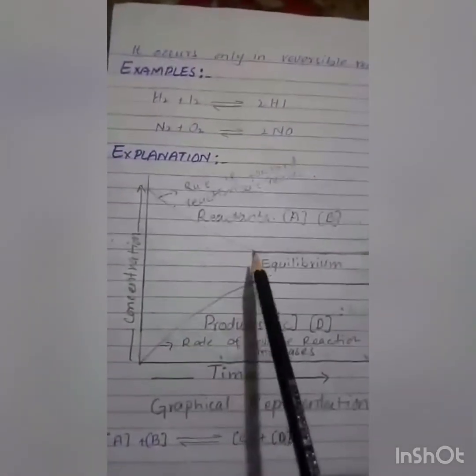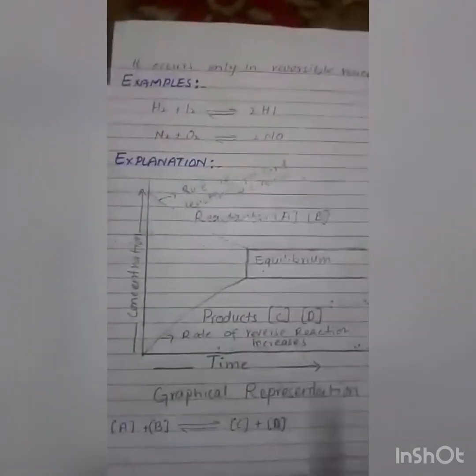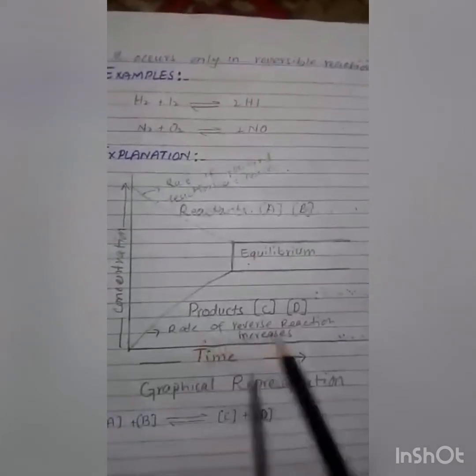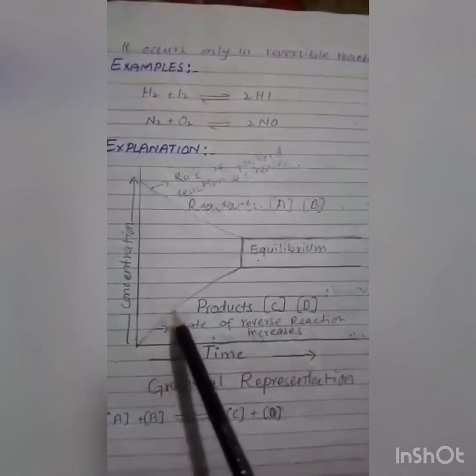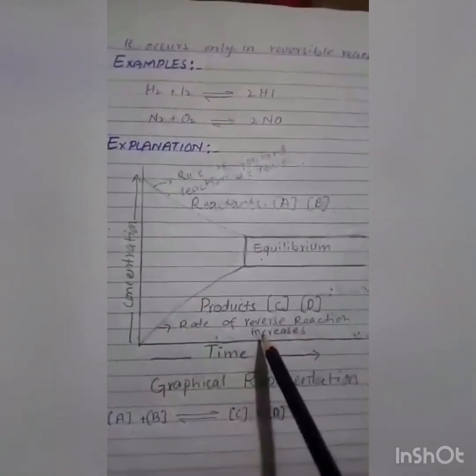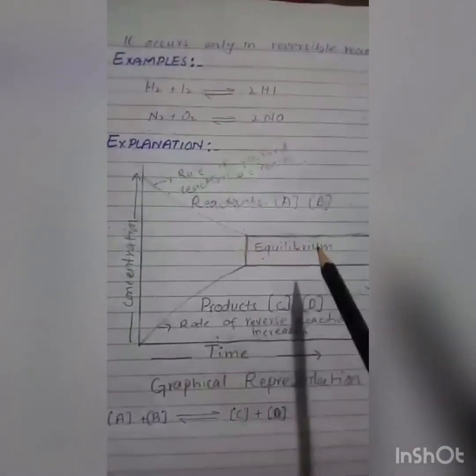At this point, the rate of the reverse reaction increases as we go upward, so the rate of the reverse reaction will increase and the rate of the forward reaction will decrease.